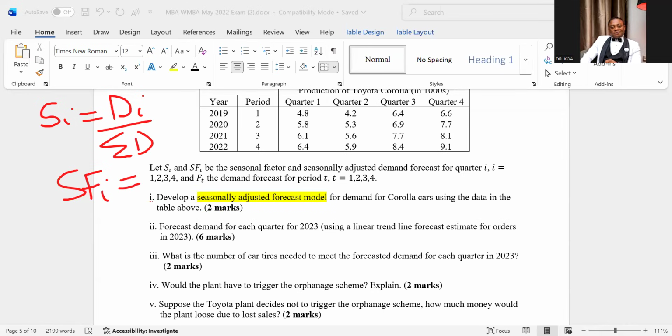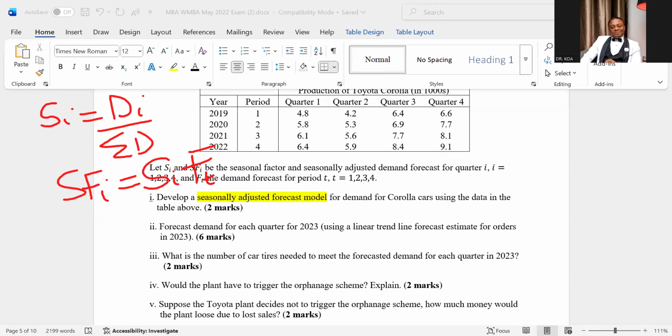The I is representing that for each quarter. Seasonally adjusted forecast. Now, to get that, you need to multiply the seasonal factor you just got by the forecast. Now, the forecast is over time. The forecast is a time forecast. The forecast is for the time. You don't forecast for the quarterly. You forecast for the time. So once you have gotten the time, you can now add it.